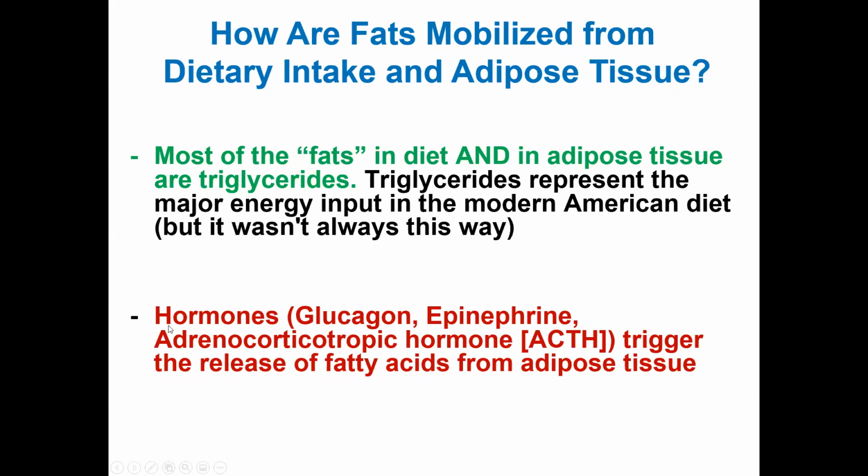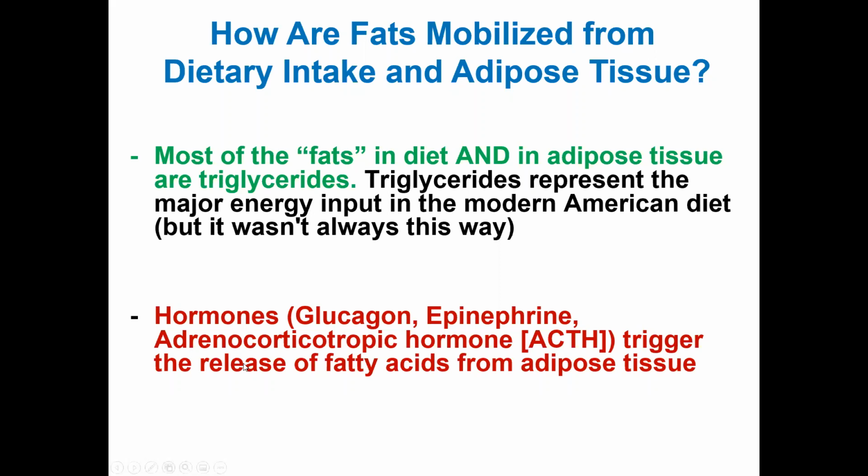And then you also know that once fat is stored in, let's say, adipose tissues, you can mobilize the fat using hormones like glucagon or epinephrine and adrenocorticotropic hormone, ACTH, what we call.